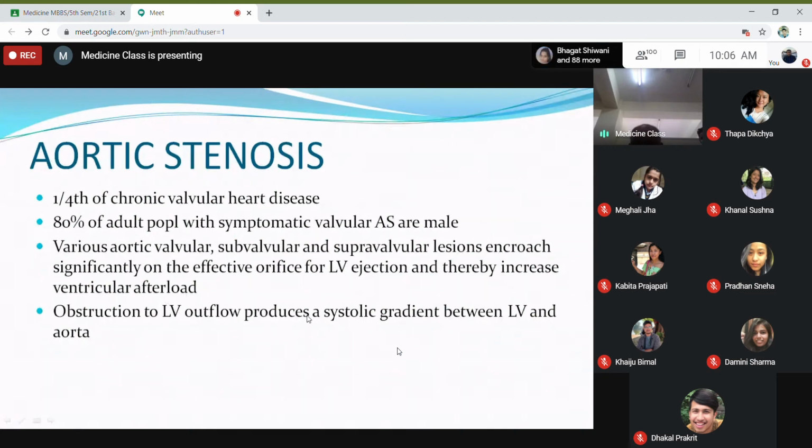So this is usually because of pressure overload. There will be obstruction to LV outflow and there will be a systolic gradient between the left ventricle and aorta.